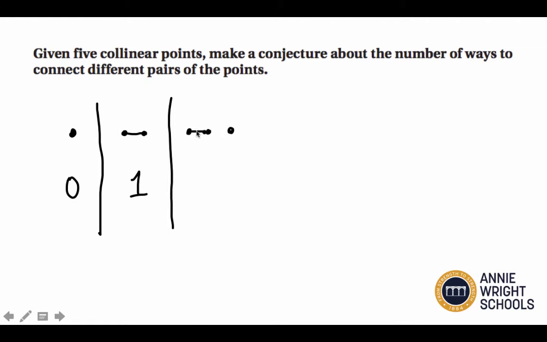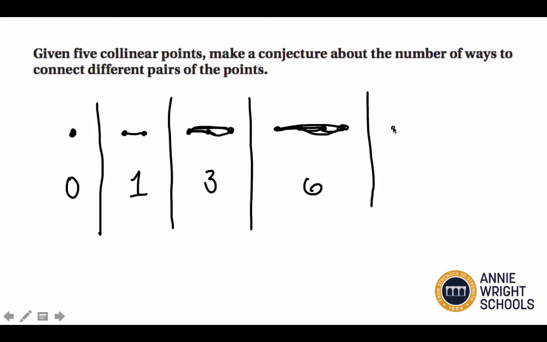I've got 1, I've got 2, I've got 3, and I think that's it, right? 1, 2, 3. 4 collinear points. How many ways can I connect 4 collinear points? 1, 2, 3, 4, 5, 6.